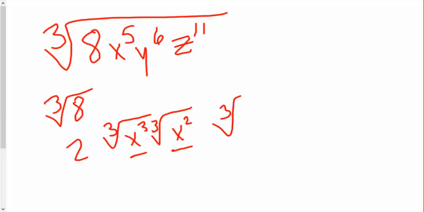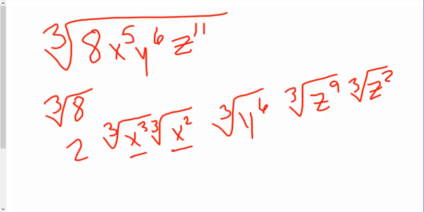I don't have any problems with y to the sixth because 6 is already a multiple of 3. Next, with the z, I need to break that down to z to the ninth times the cube root of z squared.